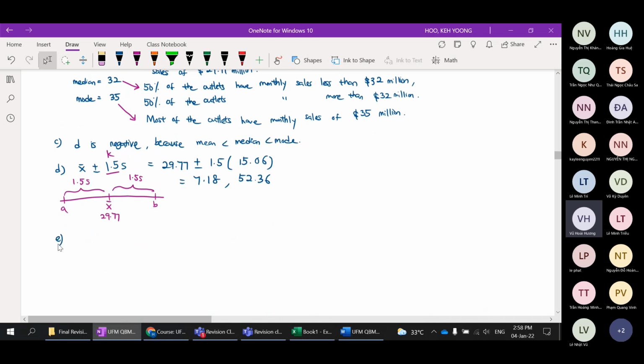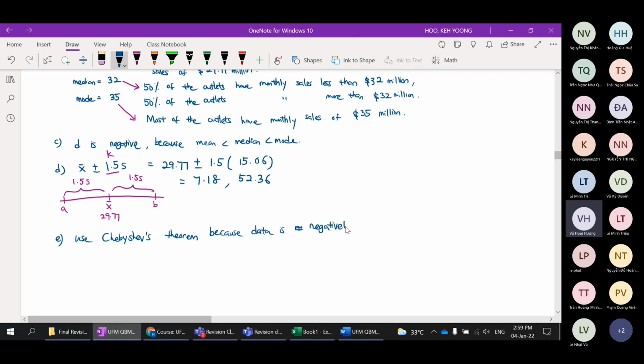So what rule do we use? As I said, it's the same as question F. We will use Chebyshev's theorem. Why? Because the data is not normally distributed, or you can say the data is negatively skewed.